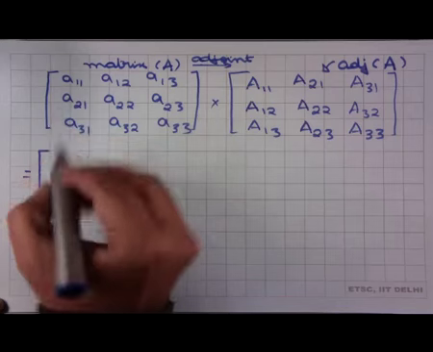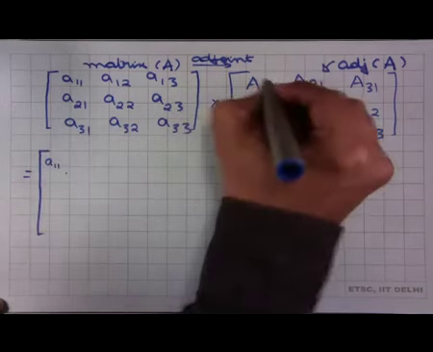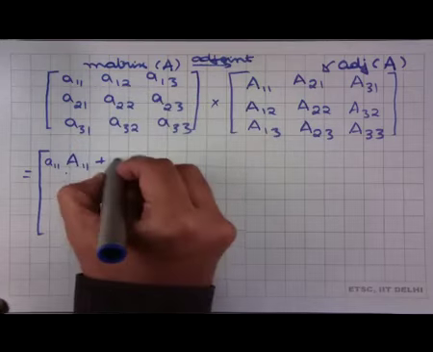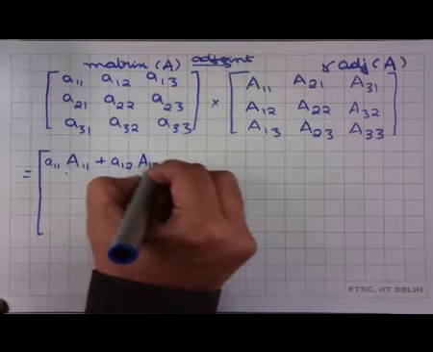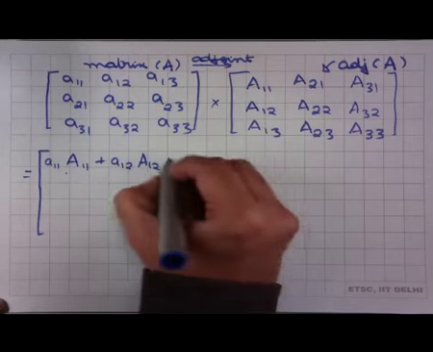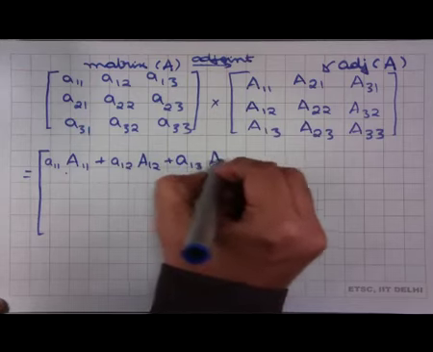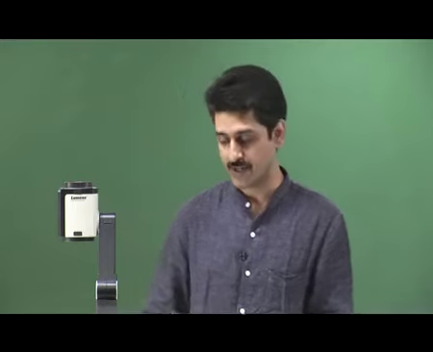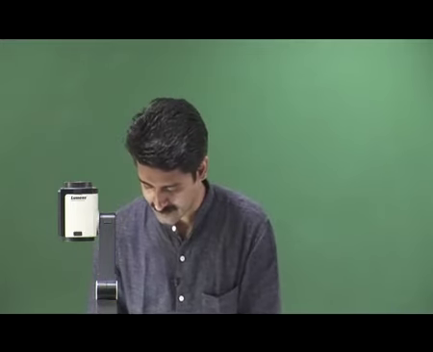This would be A11 times capital A11 plus A12 times capital A12 plus A13 times capital A13, right. So, this expression you can realize is just the definition of a determinant, okay. And in fact, we could replace this by the determinant.